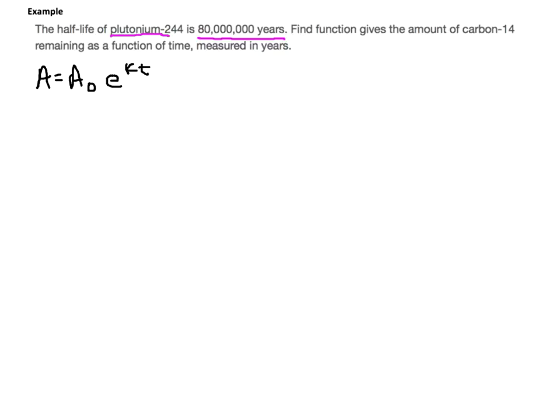They just want the function that would give that to me. So the only thing I need to find is k. So k equals the negative ln of 2 divided by t, and t is the half-life, 80,000 years. I'm sorry, 80 million.